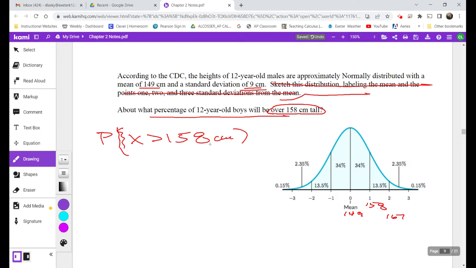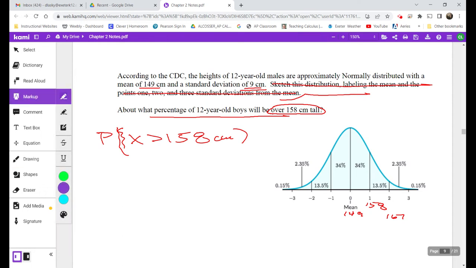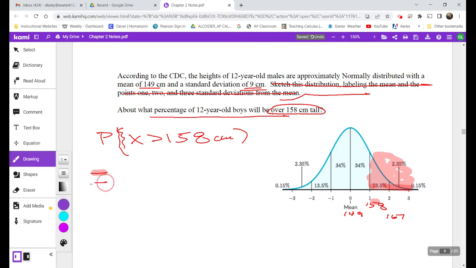So my question is this. What is greater than 158? So if I go over here and I go to 158 and I shade this area over here, I want all these percentages over here. That's what I want for my probability. So my probability is equal to 13.5 plus 2.35 plus 0.15.